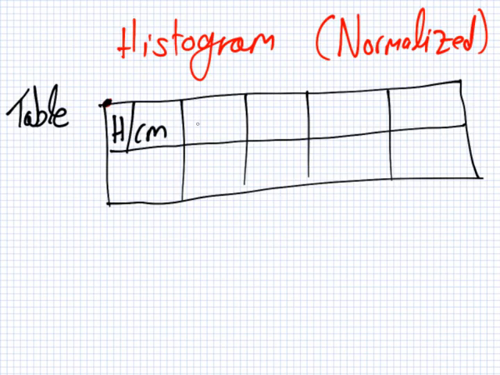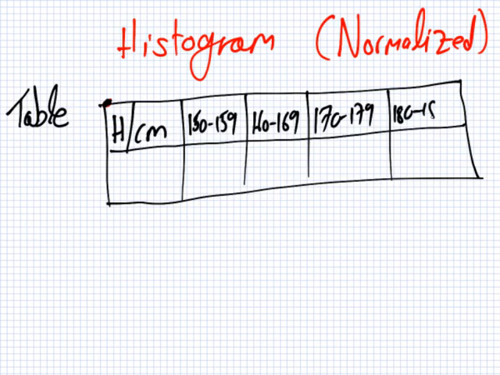So let's say that is something like 150 to 159, and 160 to 169, and 170 to 179, and 180 to 189. And then here we have our frequency.